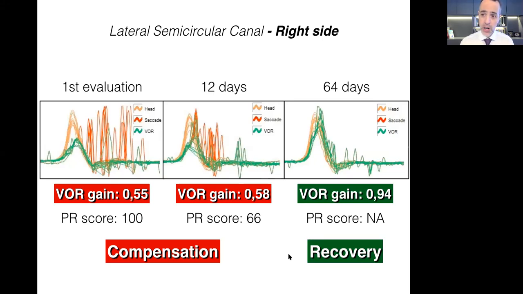I mean, saccades are very important to analyze the behavior in the video head impulse, maybe much more than the VOR gain. You see here, the gain is normal. Here the gain is not normal, but similar, but the behavior of the saccades is quite different. And it gives you a lot of information about the compensation process and how the patient is doing.